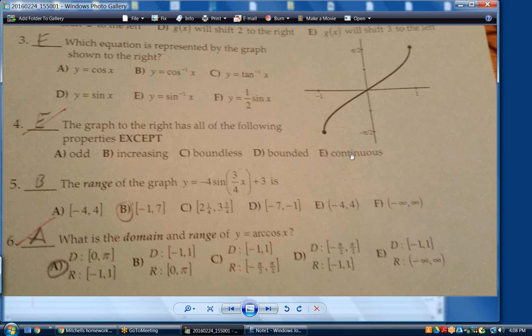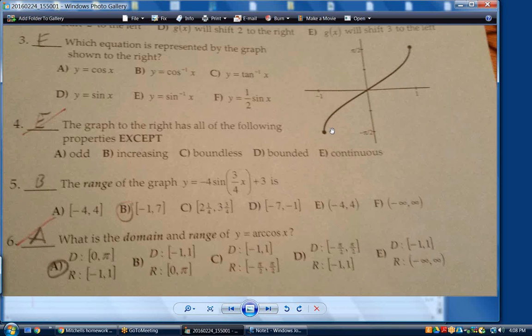Is it continuous? This is where I didn't get it, because continuous merely means I would have to lift up my pencil to draw it. I don't need to do that. I can draw that thing without lifting my pencil. Oh, okay. I thought continuous meant it stopped at some point.